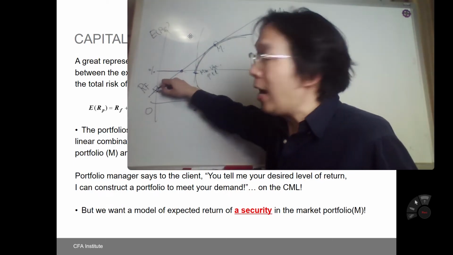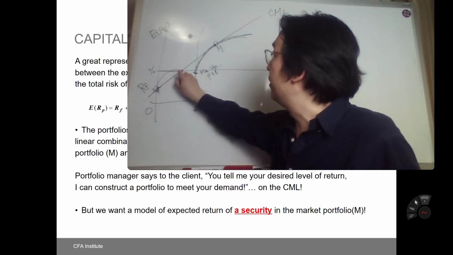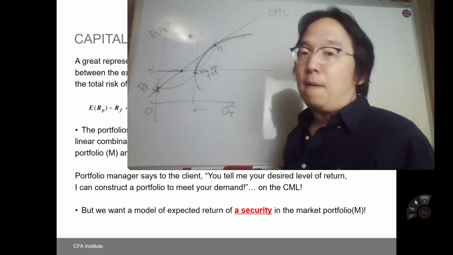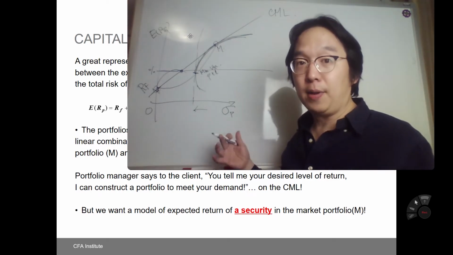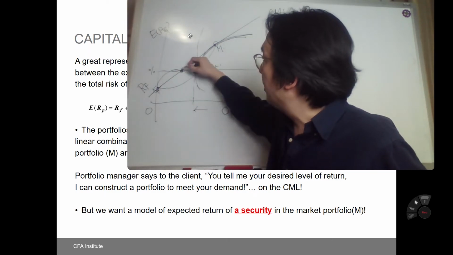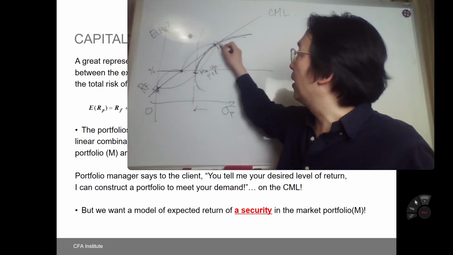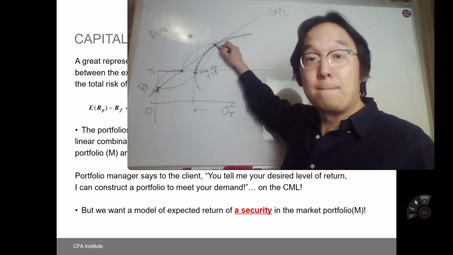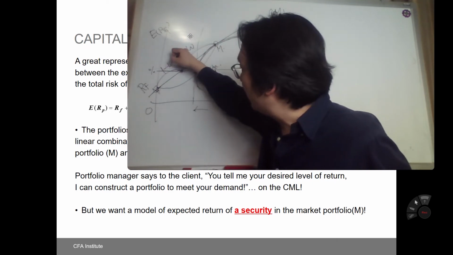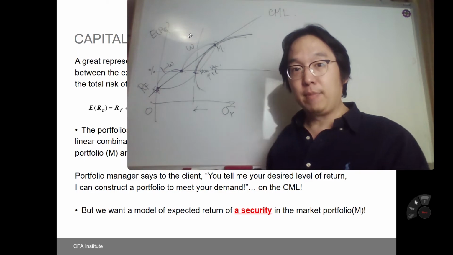So the weight on the risk-free asset will be this relative to the total 100% level, and the weight on the market portfolio will be the remaining part upon this line. I'm going to call it W, and this one 1 minus W, so that the portfolio weights sum up to 1. Make sense?